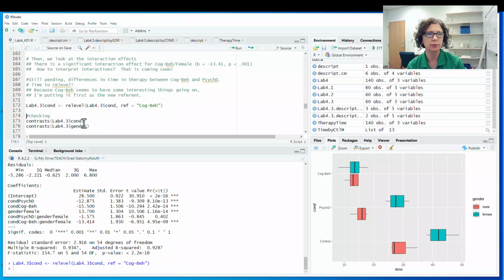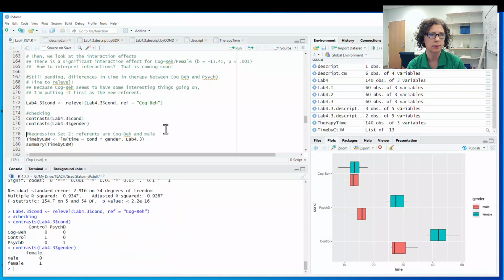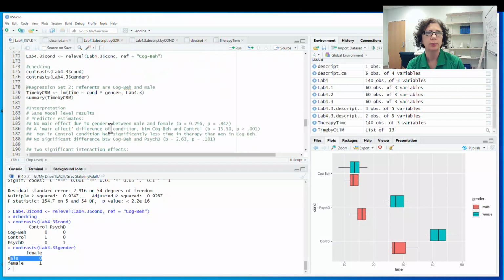So I moved it up to the front, and like I said, in R, treatment is default. So let's just see what it says now. So now we have cognitive behavioral as our referent and still male as the gender referent. So now I'm ready for regression number 2, and the referents are cognitive behavioral and male.